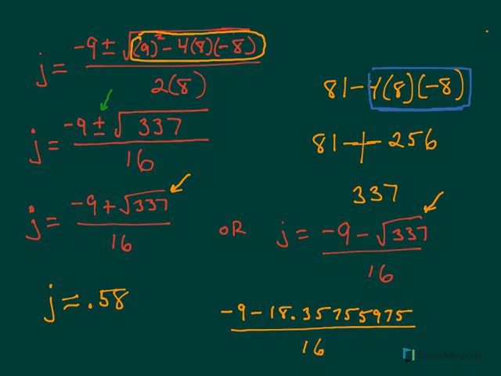So if you need to, do it in small steps. If you happen to have a calculator that will let you just type it in all at once, you can just type in -9 minus square root of 337 and do it that way.